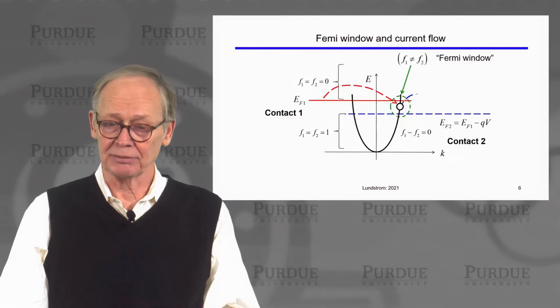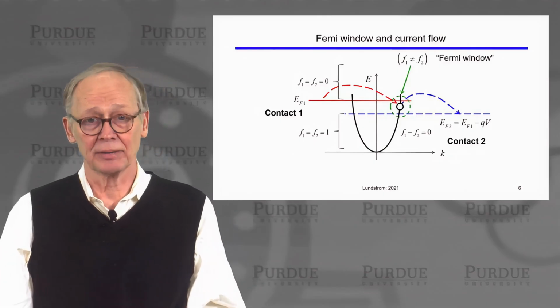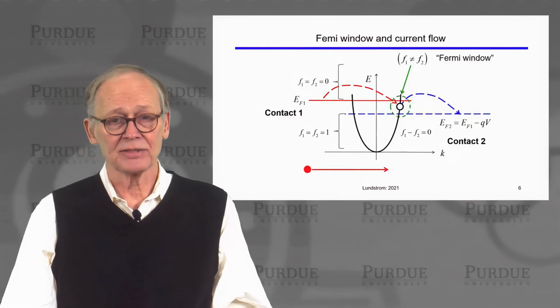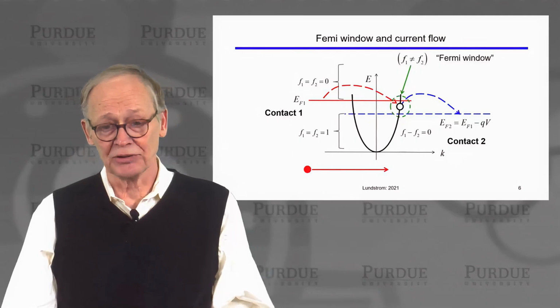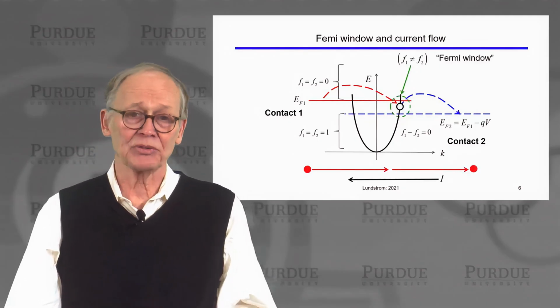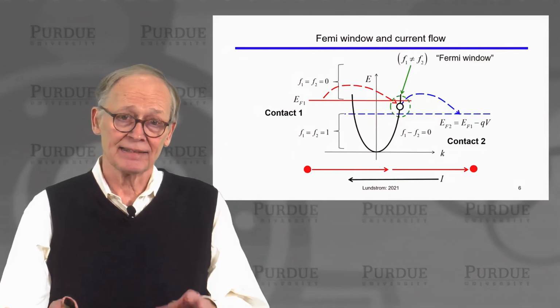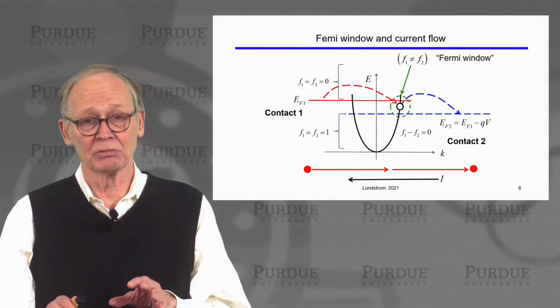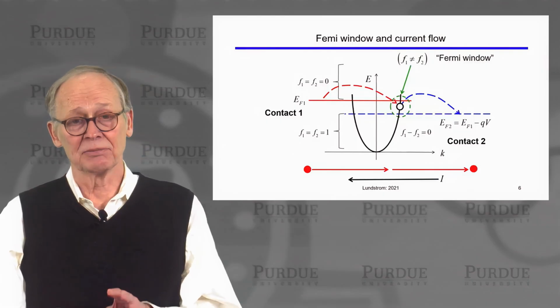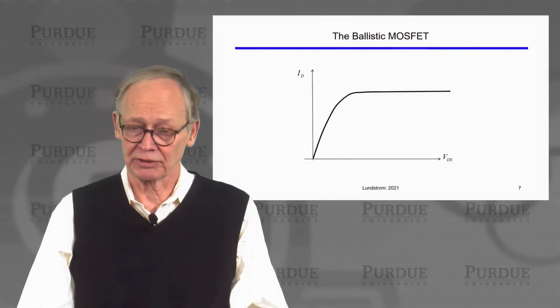That state should be empty. So the electron flows out of that state into contact 2 to empty it. And we get a continual steady state flow of electrons in from contact 1, out to contact 2, which represents a current flowing in contact 2 and out contact 1. That simple picture is how current flows in a small nano device. Differences in Fermi level cause current to flow.